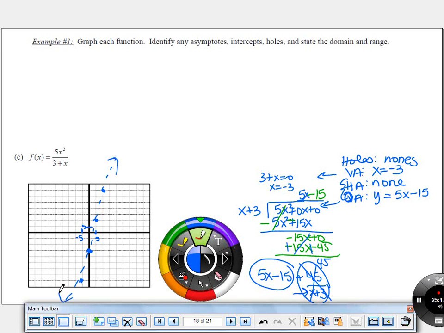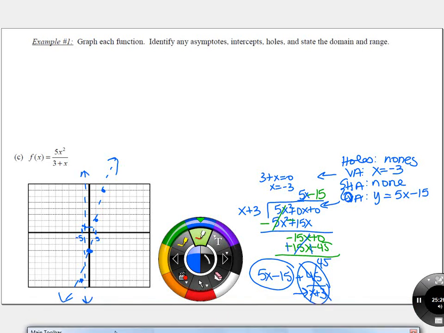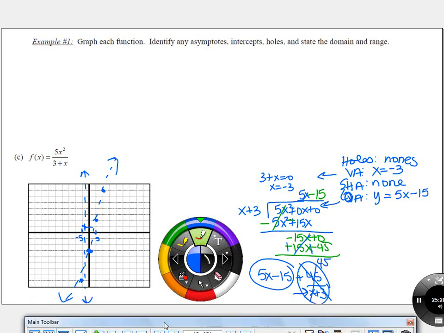And I had a vertical asymptote at x equals negative 3. And then I've got to finish finding the rest of the stuff.